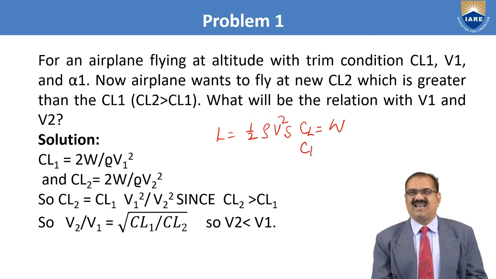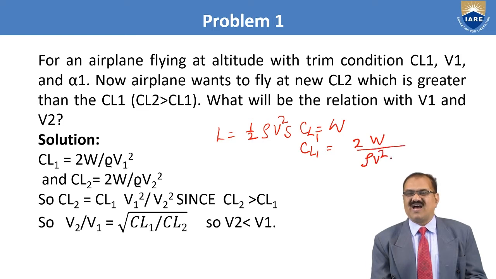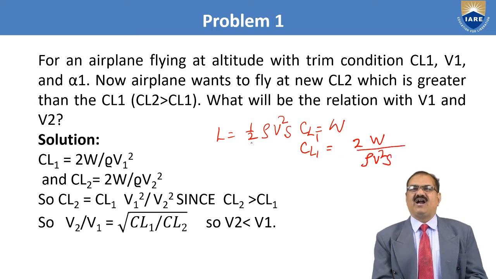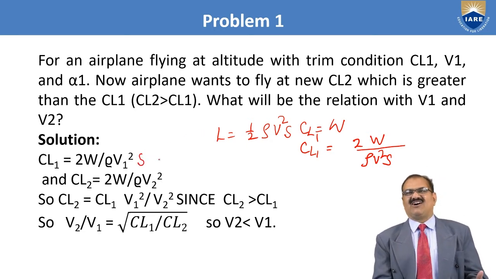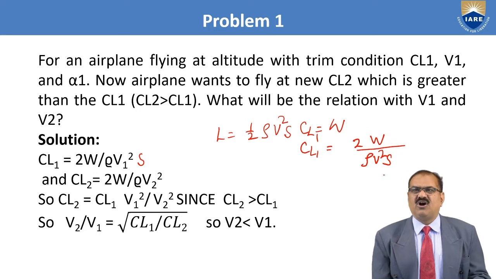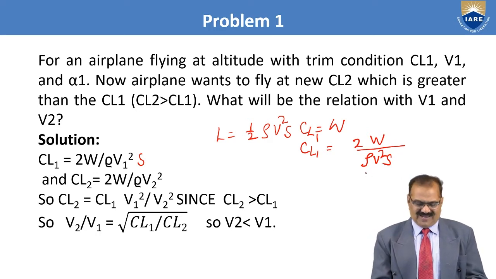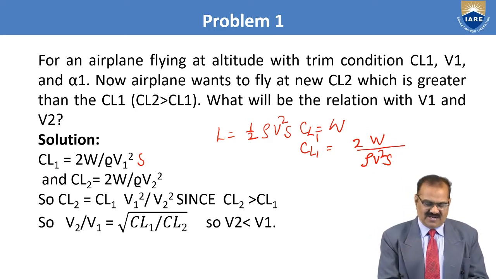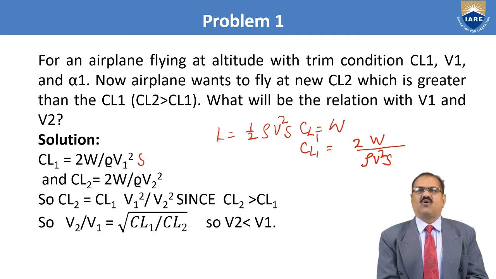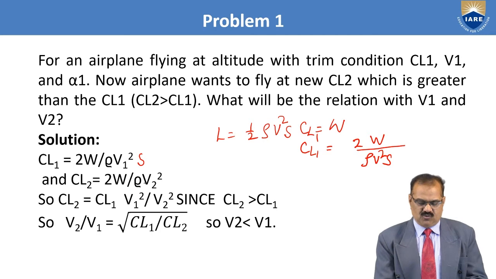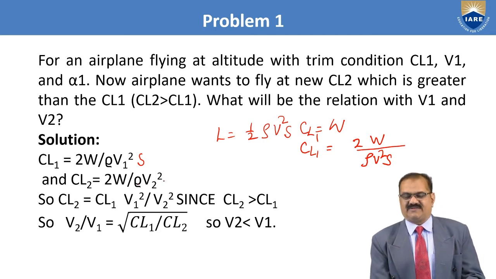So CL1 here will be 2W divided by rho V1 square S. Here I have not put S, we can put S, but S is constant, so we have removed it. So for CL1 it is 2W over rho V1 square, and for CL2 it is 2W over rho V2 square.